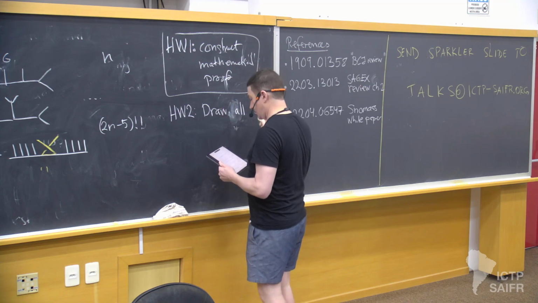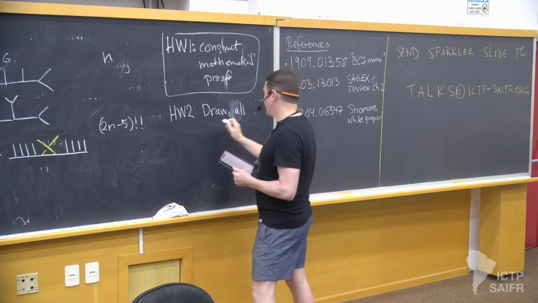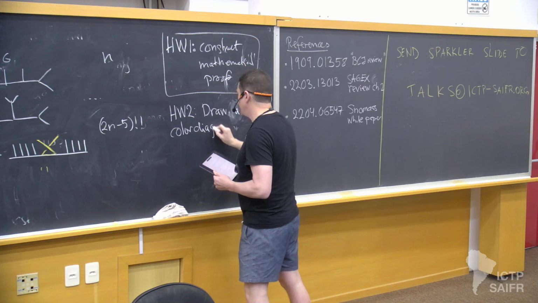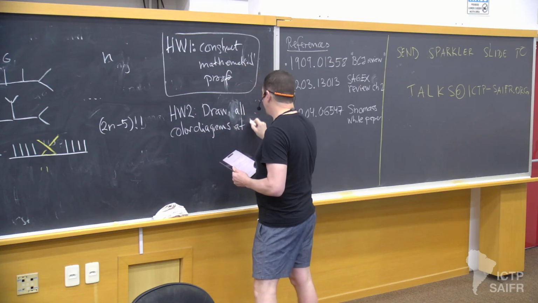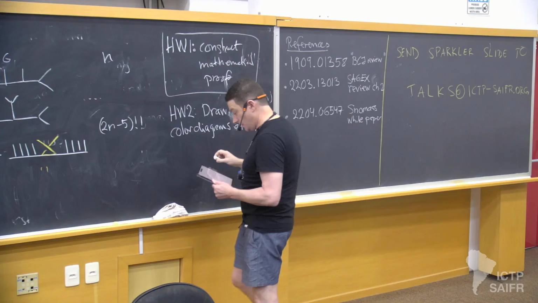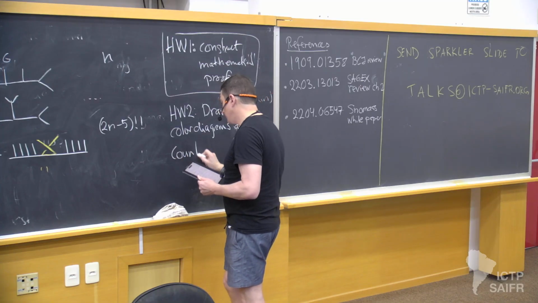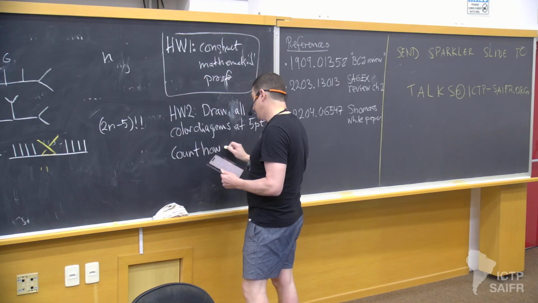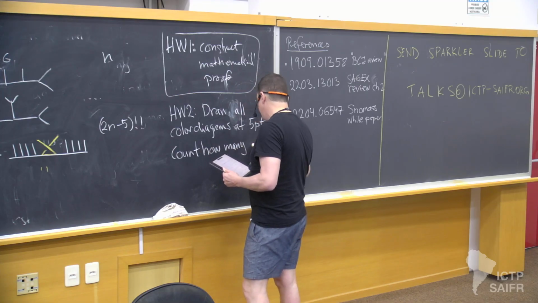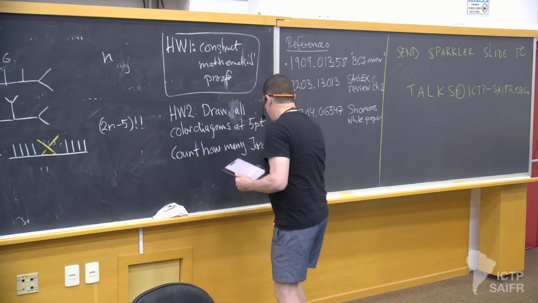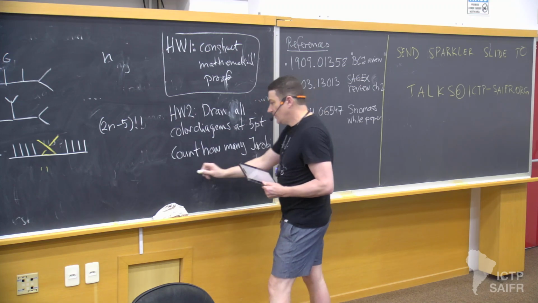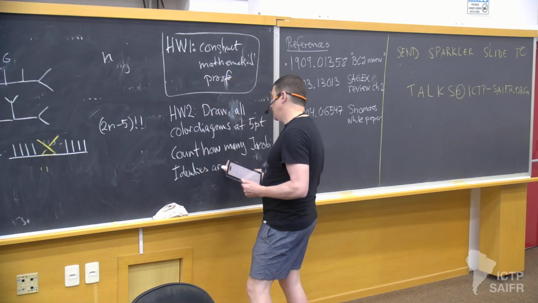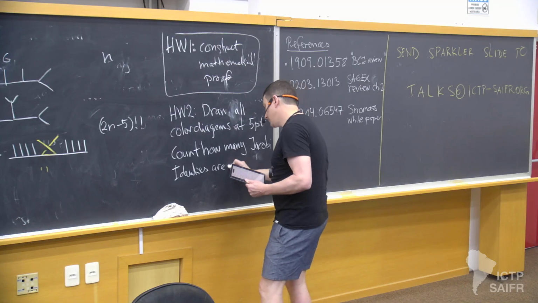Draw all color diagrams at 5 points. Count how many Jacobis there are, how many Jacobi entities are present.